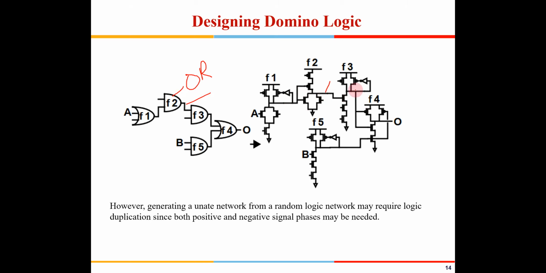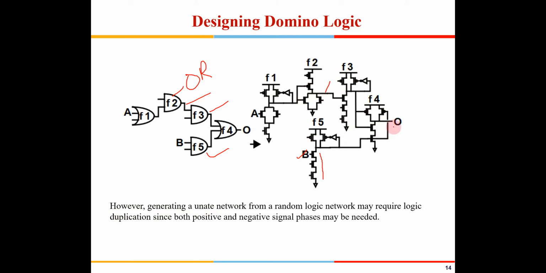In the next stage also, if I see here, this is an AND gate out here. So I can have one AND gate out here, and then I have another AND gate out here. B is given here, and these two inverters have also been removed out here, and F4 is an OR gate. So you can do such kind of things.